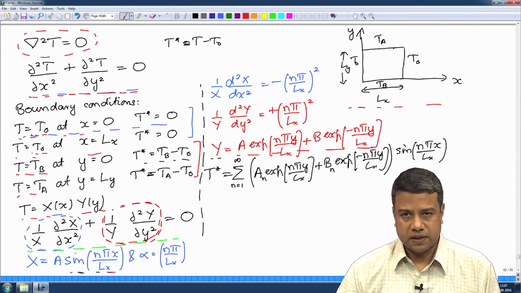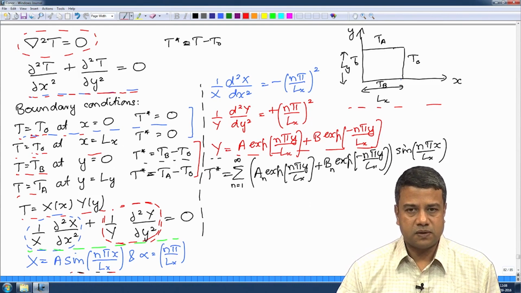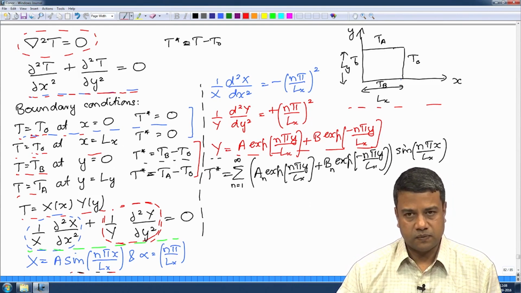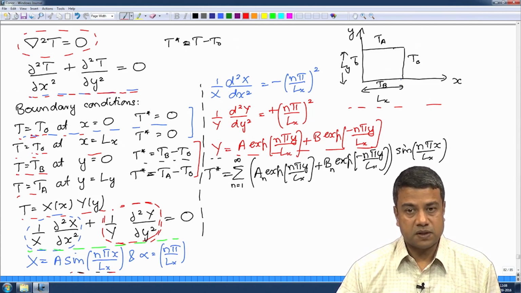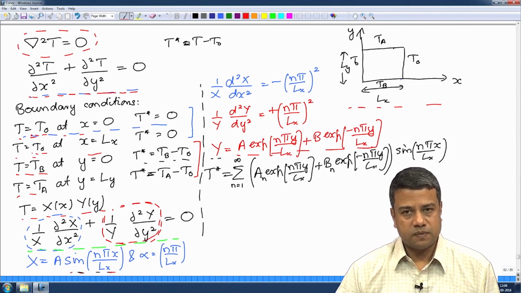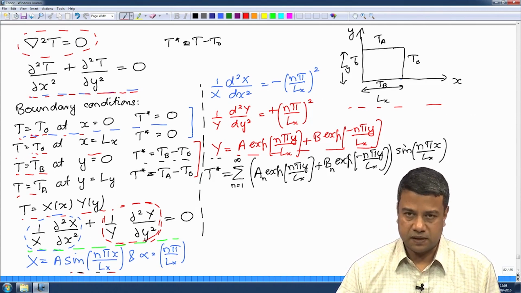Put that into the conservation equation, divide throughout by X times Y, and we will get an equation in which one term is only a function of x, the other term is only a function of y. Therefore, both of these have to be constants. One has to be a positive constant, the other has to be a negative constant of equal magnitude, so that they sum to 0. Which one should be positive and which one should be negative?